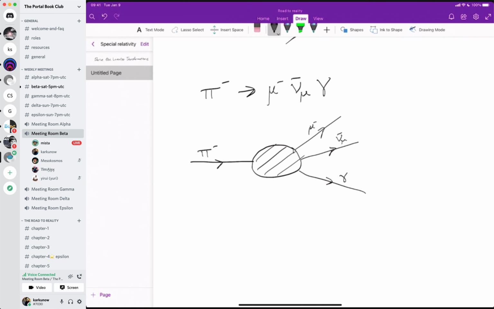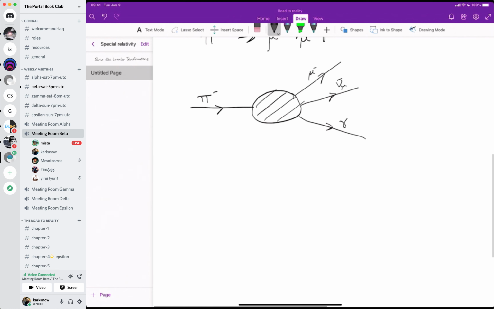So in the rest frame, when you draw it out, the pi minus is just sitting at the center, and maybe it emits a muon in this direction, the photon in this direction and the neutrino in this direction.